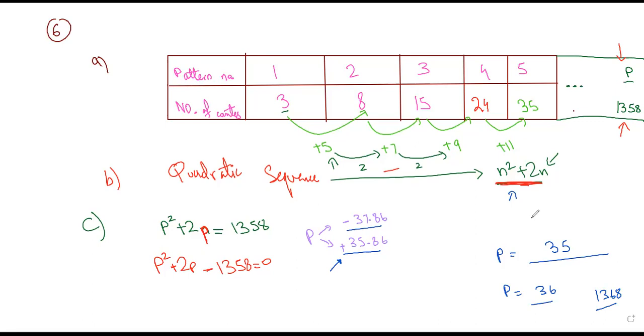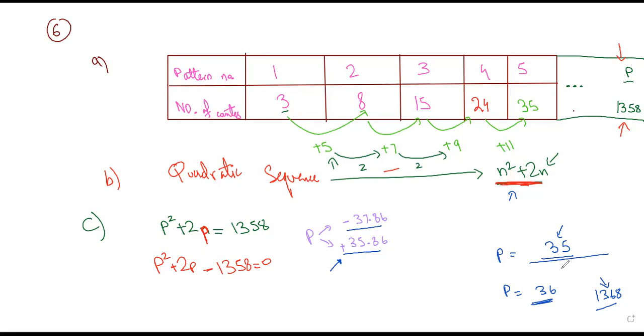He has 1358 counters. So the question was, Ken has a bag containing 1358 counters. He makes the largest possible pattern in the sequence. With 1358 counters, he can go till pattern 35 only, because for pattern 36, he needs 10 more counters, right? So we don't have that. So the answer would be 35. Did you understand this?